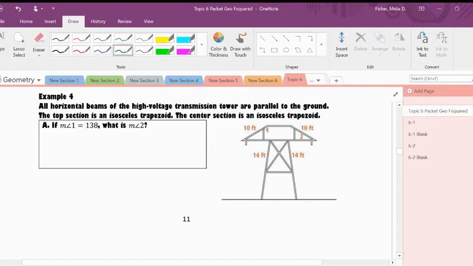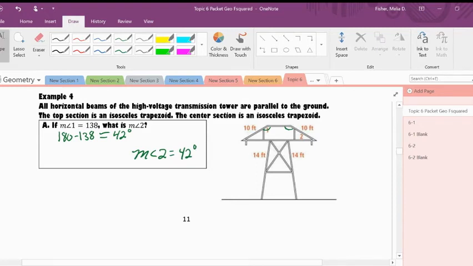So if this is 138 and this is 138, to find angle 2, I need to do 180 minus 138, and that equals 42 degrees. So measure of angle 2 equals 42 degrees.